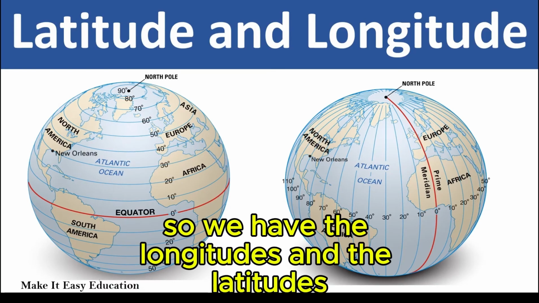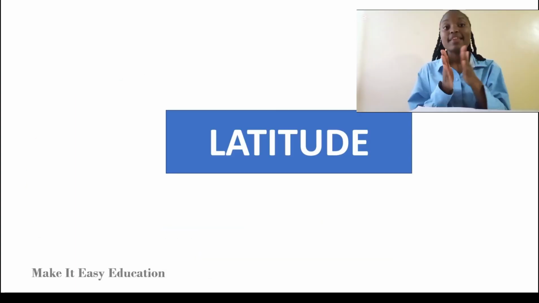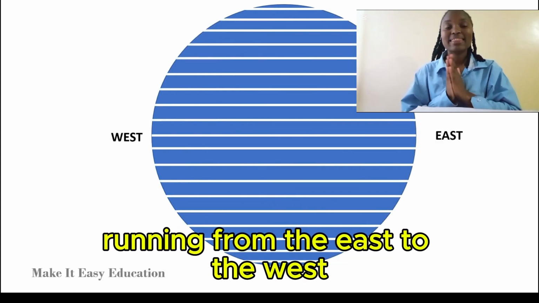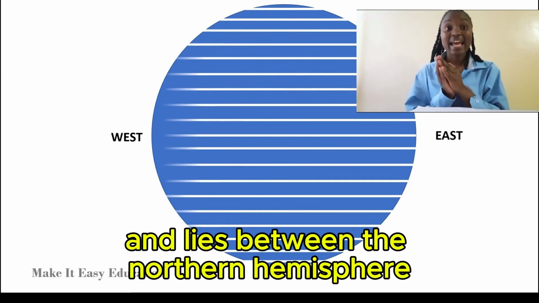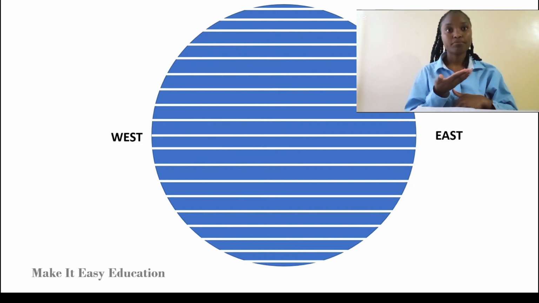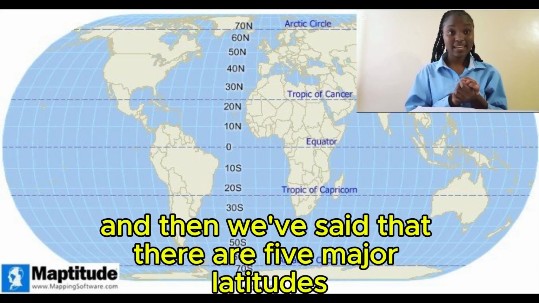So we have the longitudes and the latitudes. The latitudes are imaginary lines running from the east to the west, and they lie between the northern hemisphere and the southern hemisphere. Okay, and then we've said that there are 5 major latitudes.